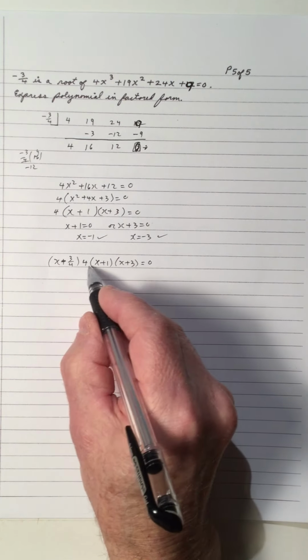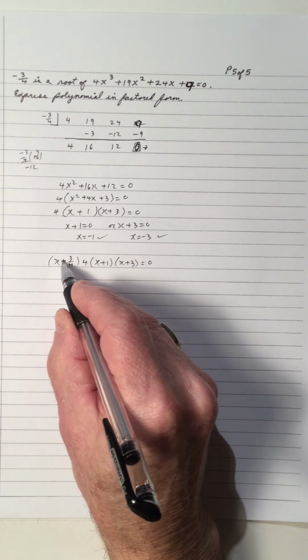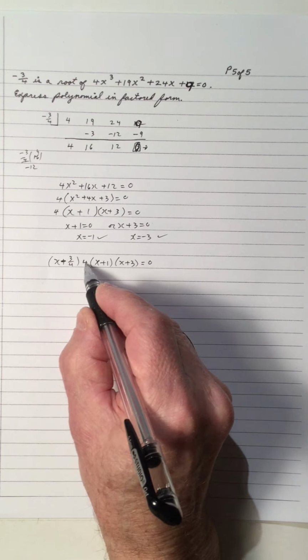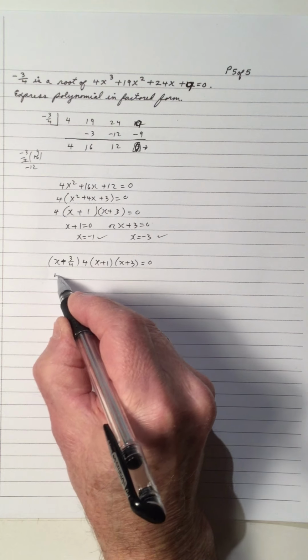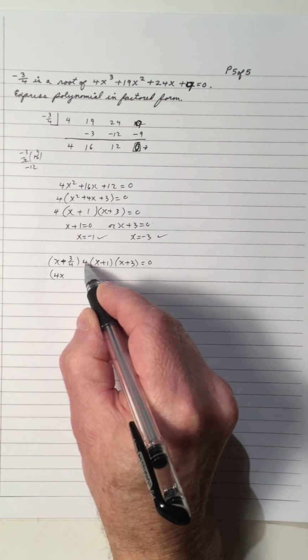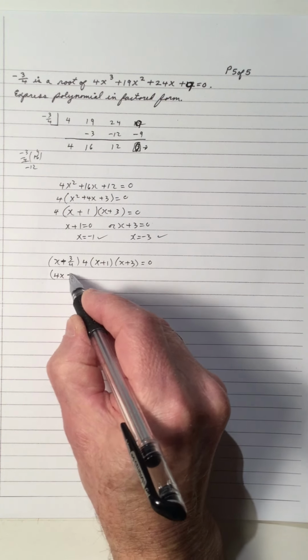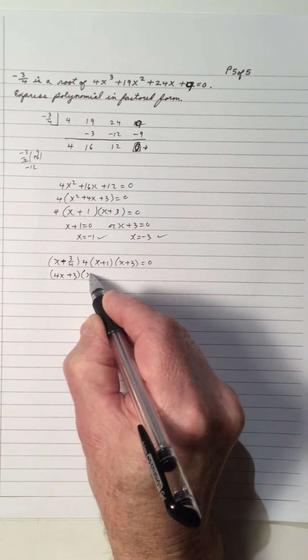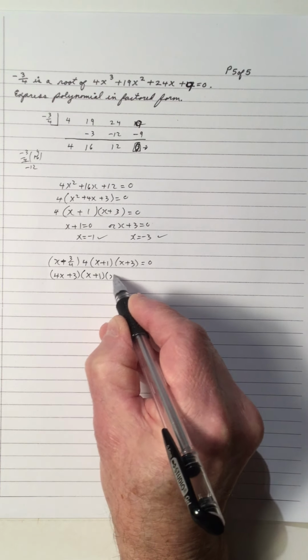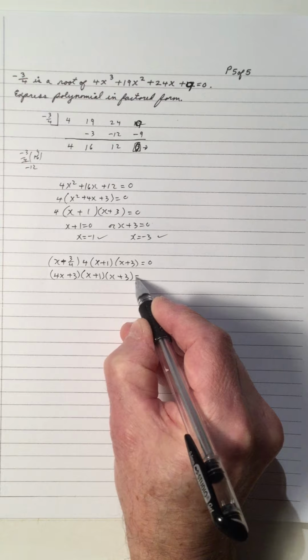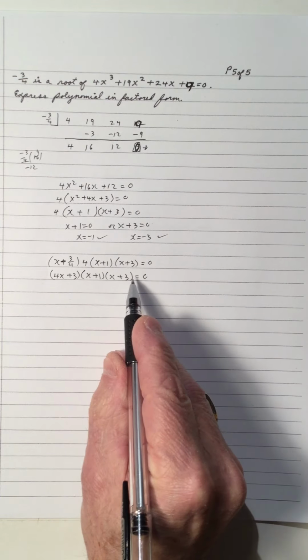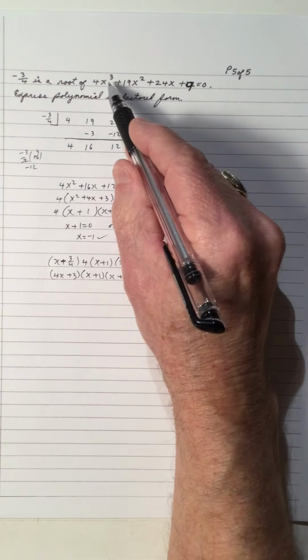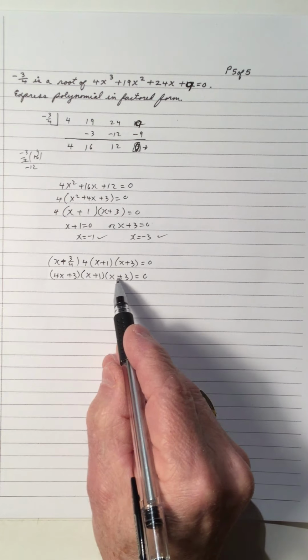Now, notice what happens. When you take the 4 and multiply by this binomial, 4 times x is 4x. 4 times 3/4 is plus 3. So it becomes this trinomial, which is made up of these three factors.